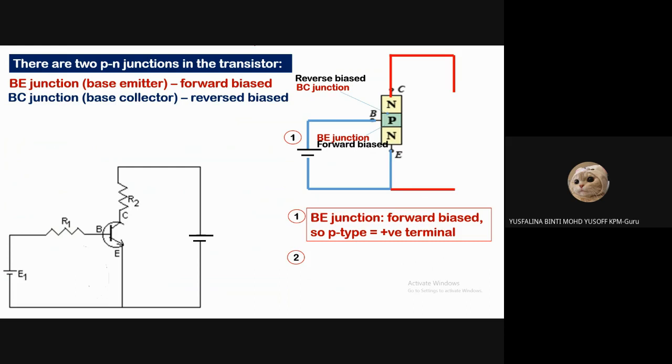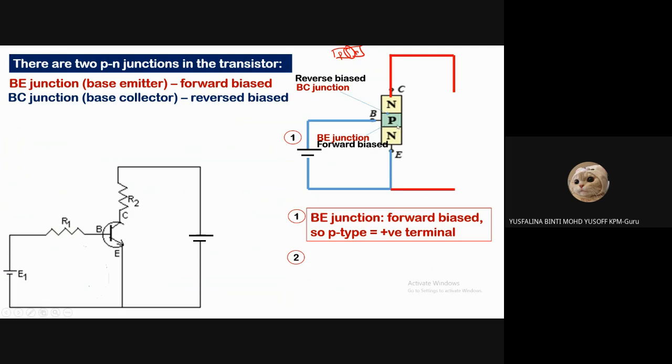If a diode is like this, for example P and this one is N, so they got only one junction. But in this transistor, we combine three semiconductors, right? So NPN, PNP, so it means they have two PN junctions, one and two.